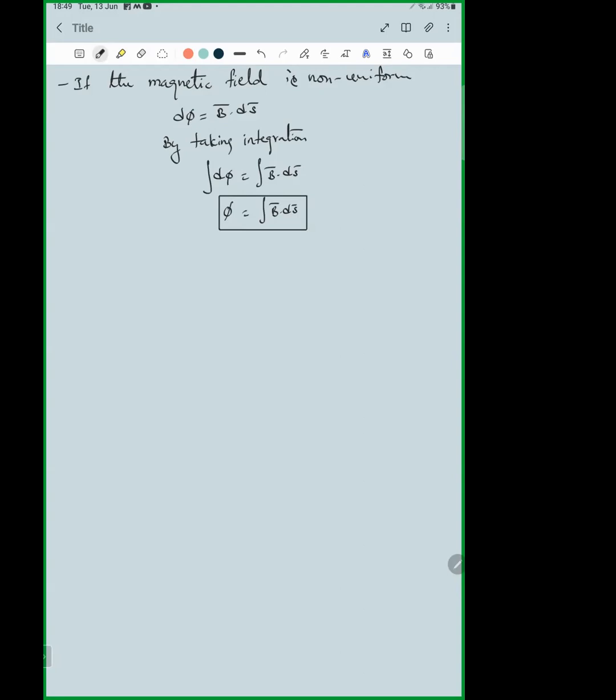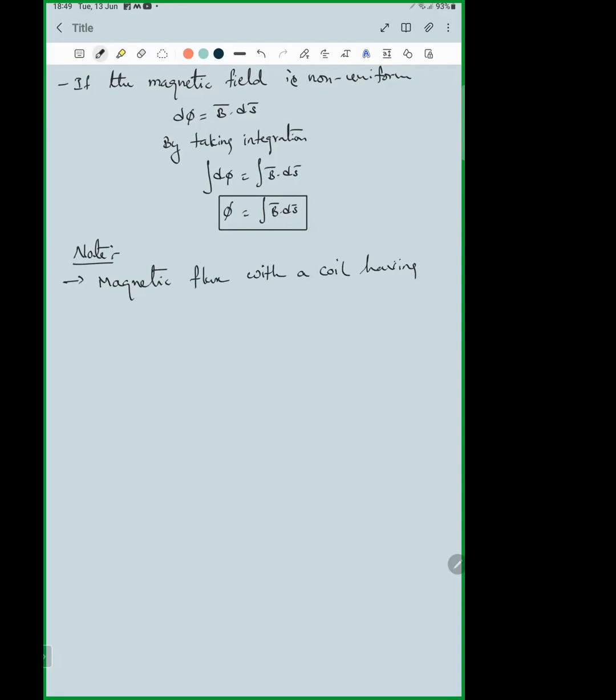Now the magnetic flux associated with a coil. In the next case, note this. What is the magnetic flux associated with a coil having n number of turns?